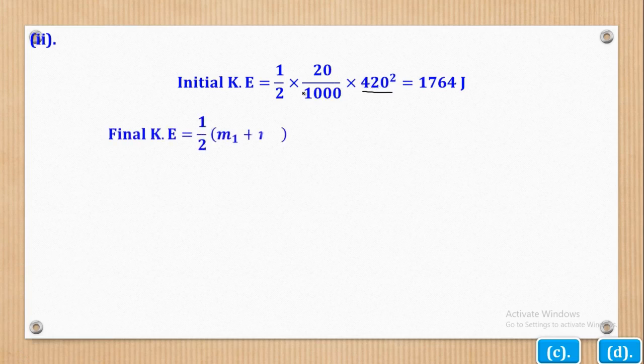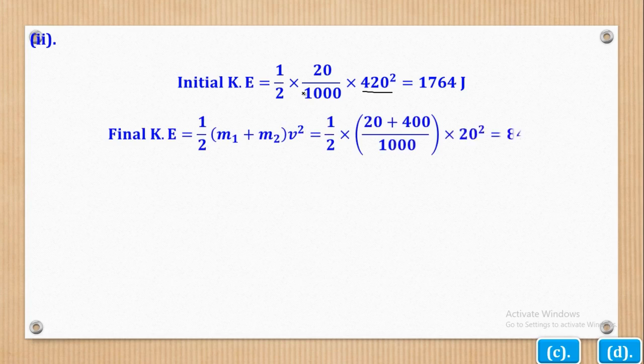Then also get the final kinetic energy, which is a half m v squared. So m is now the total mass, and v was given, so you have to square it. So come up with 84 joules. Now when I subtract the 2, I'll be able to come up with the kinetic energy lost, which is 1680 joules. The units have to be seen.